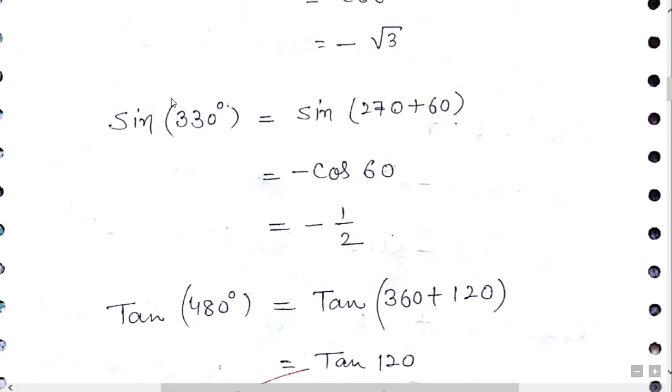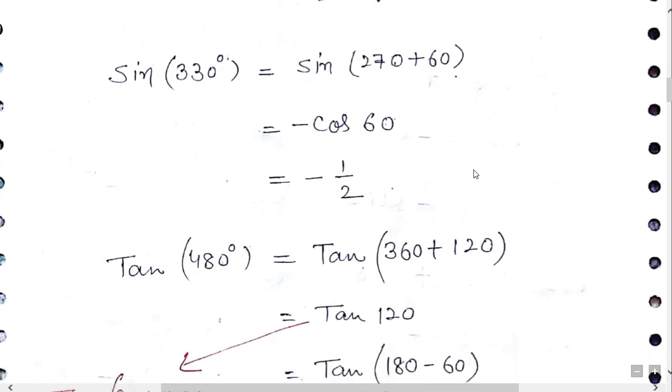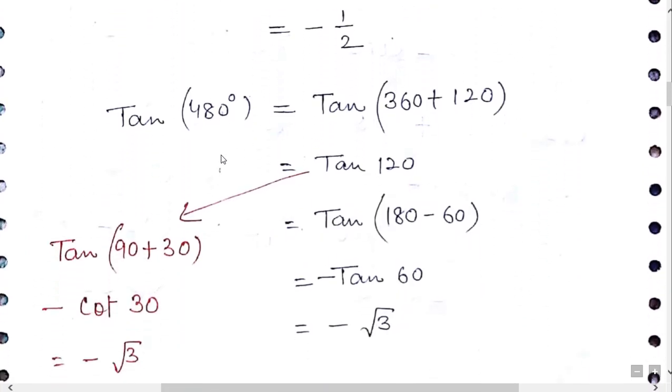If the angle is less than 360, divide the angle into 2 parts such that the first part is a multiple of 90 and the second is less than 90. But if the angle is greater than 360, divide the angle such that the first part is a multiple of 360 and the second is less than 360.